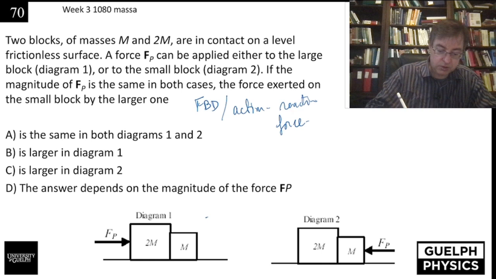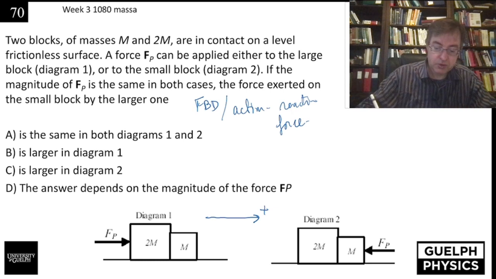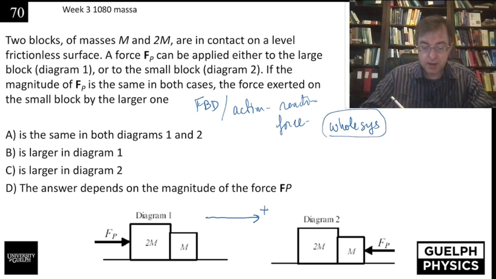Second thing we should do is label a direction. So I'll make to the right positive. Then the first thing I want to do is examine the whole system, either diagram 1 or diagram 2. Let's say diagram 1.